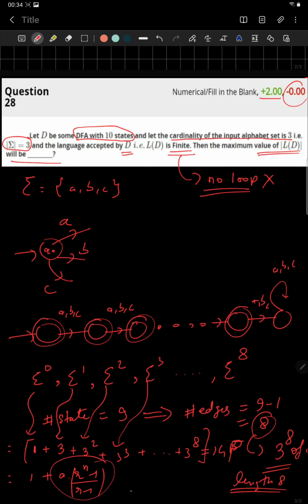So you put the values of a and r: 1 plus 3 into 3 to the power 8 minus 1 upon 3 minus 1, that is 2. If you calculate it, it comes out to be the answer. You can do it. Yeah, so this is a very good concept.